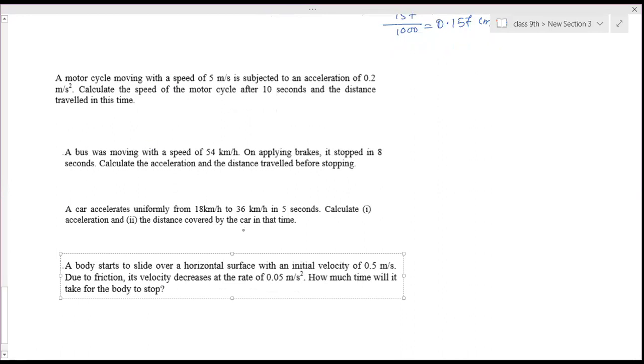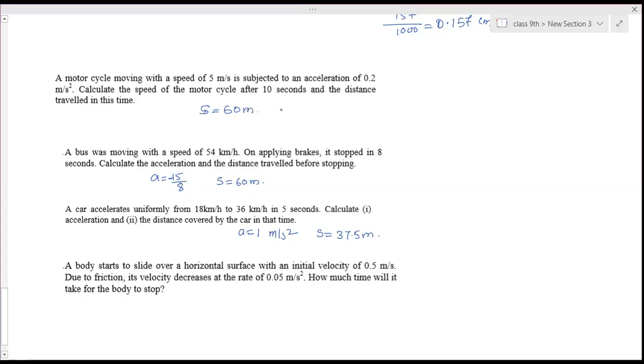Car accelerates 1... I'm in the second last.